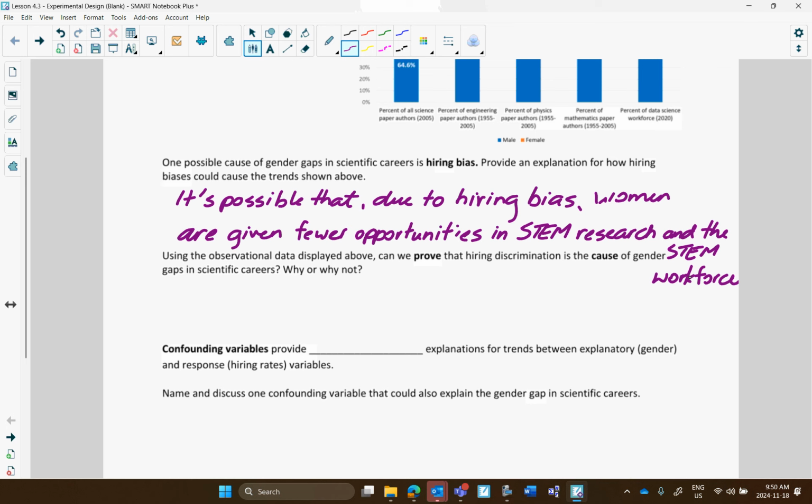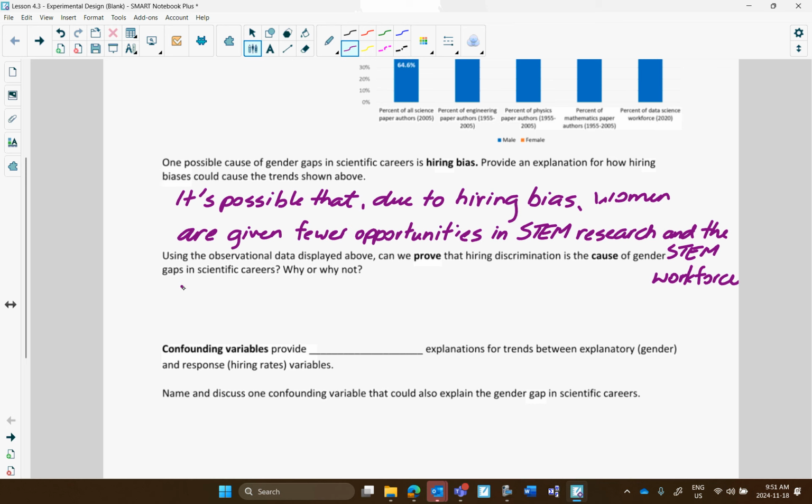But the thing is, can we prove it? Is this enough to prove that hiring discrimination is the cause of the gender gap in these scientific careers, in these STEM careers? We can't necessarily say that hiring bias causes the gender gap. It may be something else.